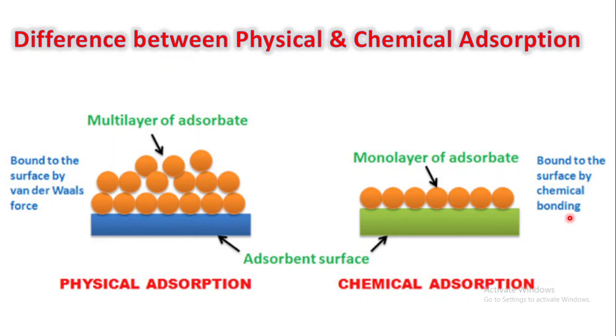This is very important to understand. In chemical adsorption the adsorbate is held by chemical bonds, and in physical adsorption the adsorbate molecules are held on the adsorbent surface by weak van der Waals forces.